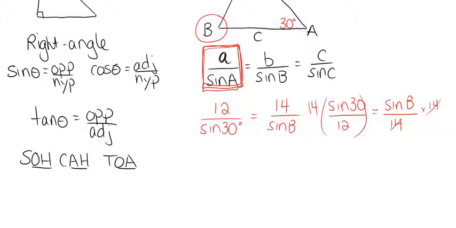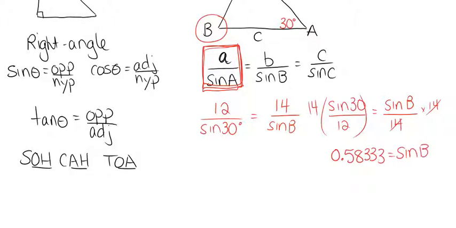Punching that on a calculator would give me, I have no idea because I don't have a calculator. Time out. Okay, got a calculator, so that would give me 14 times sine 30 divided by 12 is 0.58333 repeating.